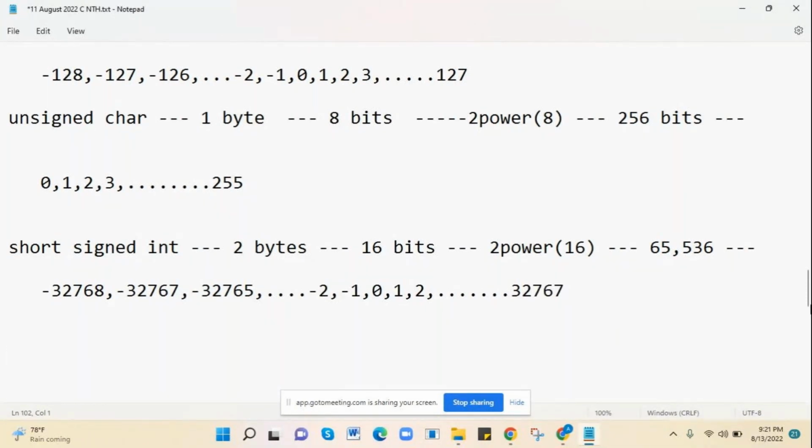Because half of 65,536 is nothing but 32,768. So 32,768 negative values, and the remaining are positive values including 0. So this is about short signed int.